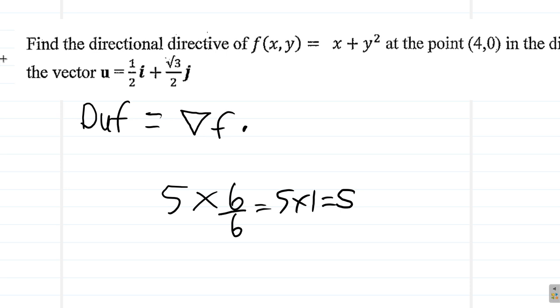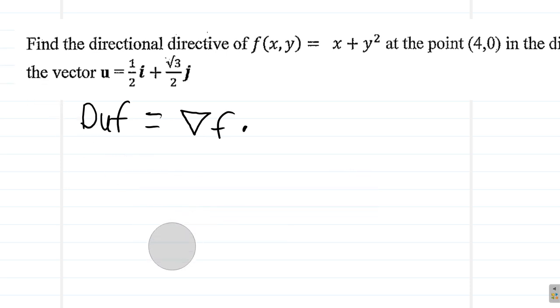A number times the unit number gives you back the value of that number. So the gradient of f, a vector, times the unit vector will give you a value equal to that original vector.